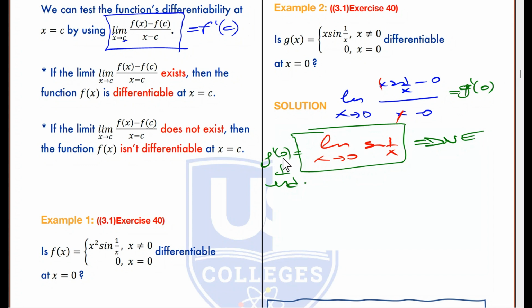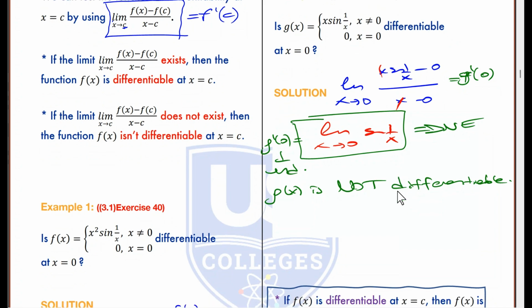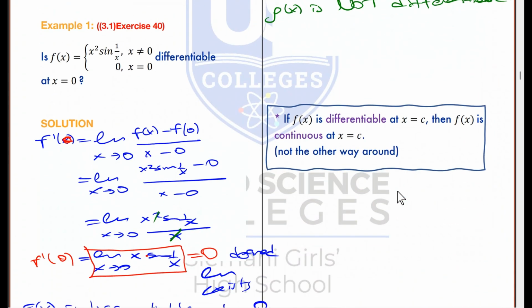We don't have any value for the derivative, so we say g of x is not differentiable. We can also use the same technique for absolute value questions if we need it, but generally we don't need it. This is not that practical. Okay, let's move on.